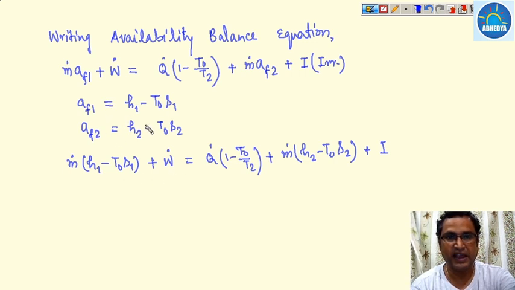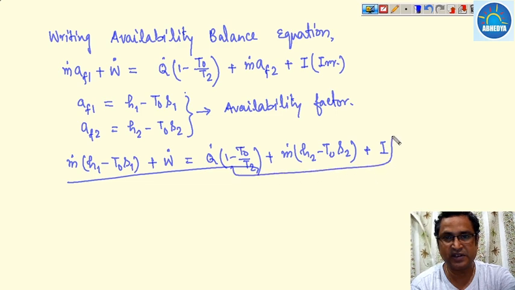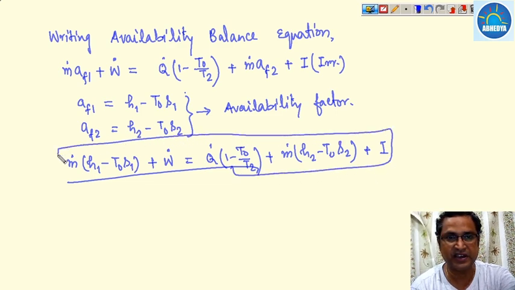And this AF1 and AF2 is basically your availability factor, and this is your availability balance equation. And this is the irreversibility. If you have been asked what the irreversibility is, you can use this formula.